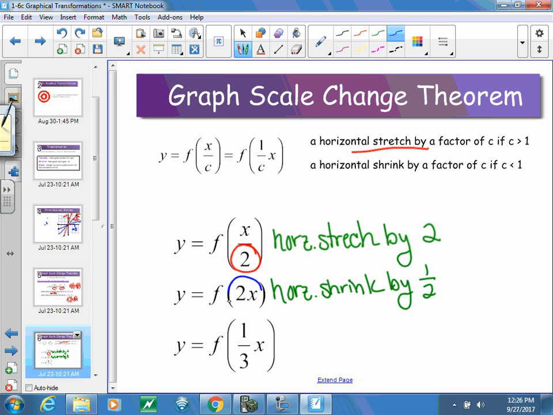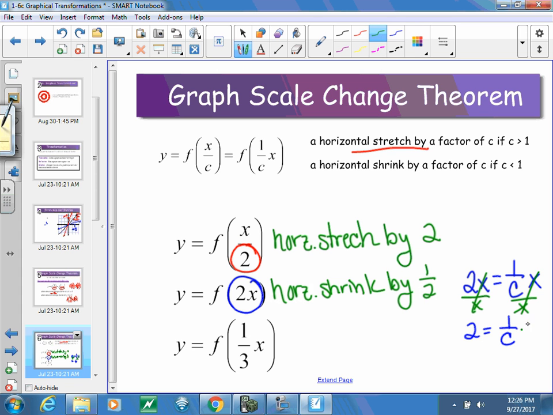Think about this right here. This 2x would need to equal x over c if you're trying to figure out what that value of c is. If I were to divide both sides by x, that would cancel out the x's, leaving me with 2 is equal to 1 over c.